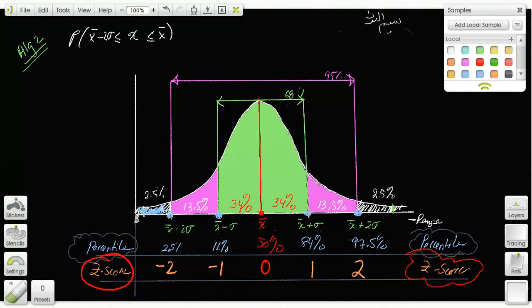That's the question. The probability of finding any data point, like geometrical probability, if you recall, is the area of the region divided by the whole area.